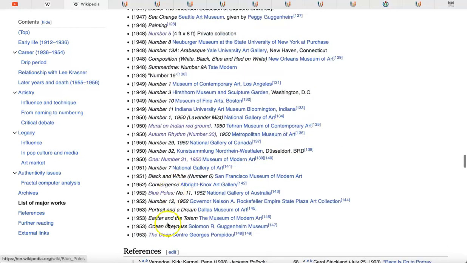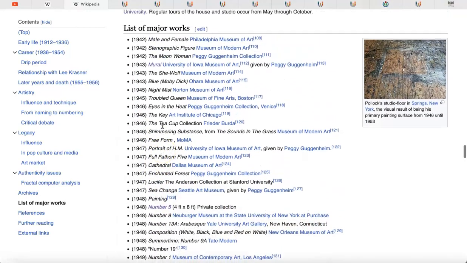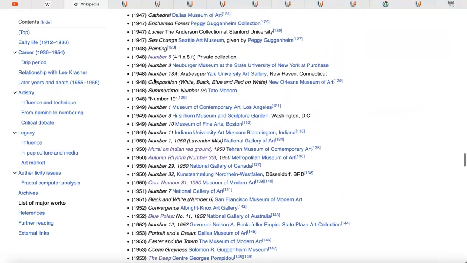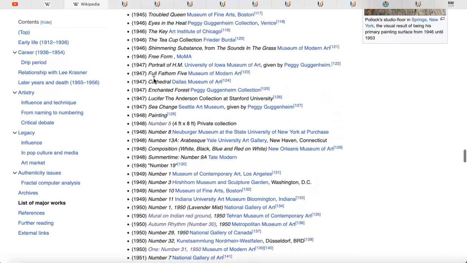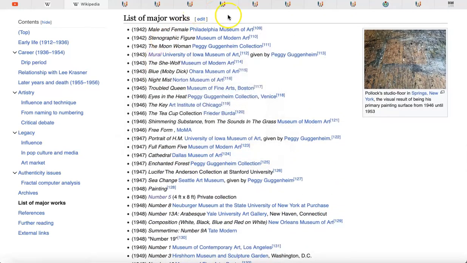And some of them are clickable links. Seven out of all of these are clickable and have their own Wikipedia page. The rest do not, but they're all in museums and really important places as far as art and culture is concerned. But for whatever reason, most of these are not clickable.